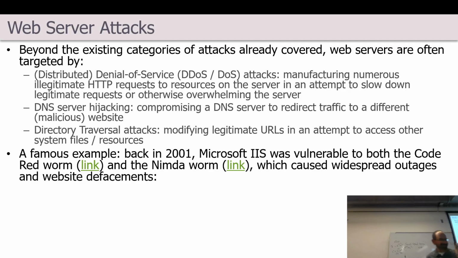We do a silly version of that in the lab, but it's not that far off from what these attacks look like in practice. That'll be in Lab 6, where we're taking a legitimate URL and attempting to access other system files and resources. Pretty famous example, and back in the early 2000s, it was just expected that every few weeks or months, the entire World Wide Web would be vulnerable to something.